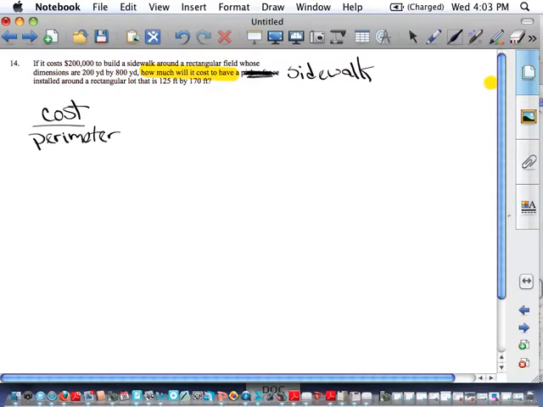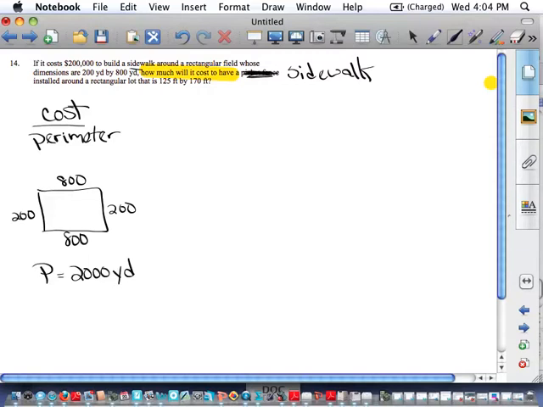Okay, so when I look at this, I'm looking at a sidewalk around a rectangular field. So I have a rectangular field that has dimensions of 200 by 800. So the perimeter of this is going to be 2,000 yards.